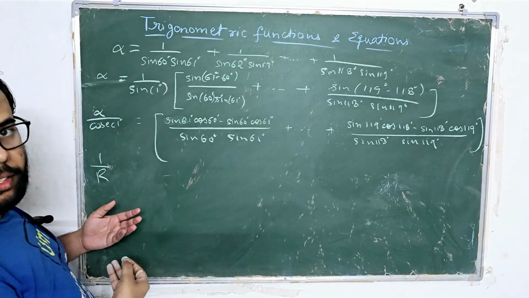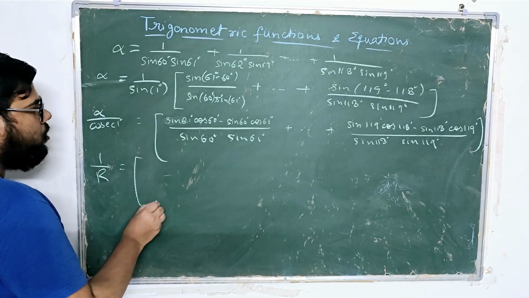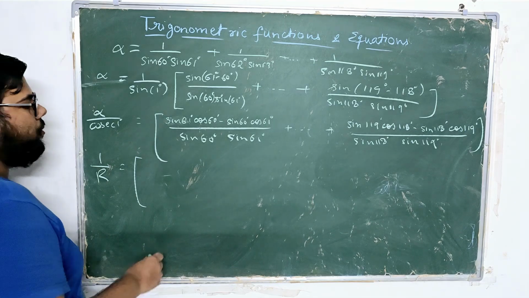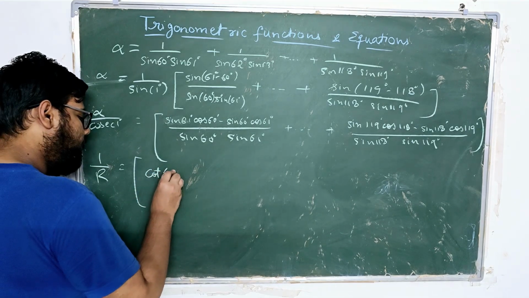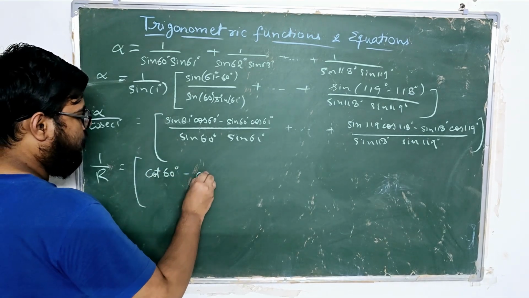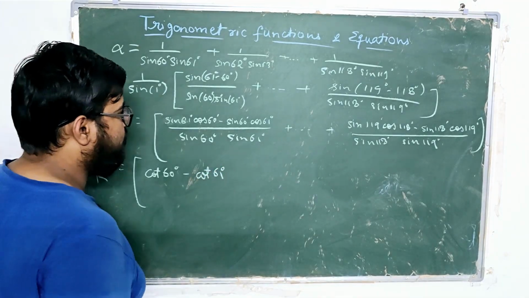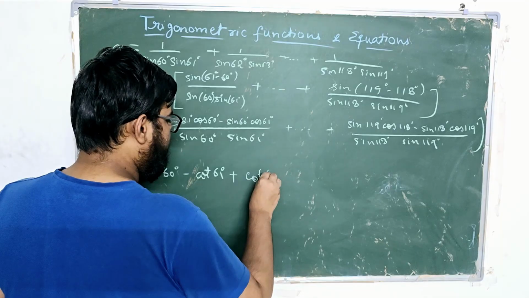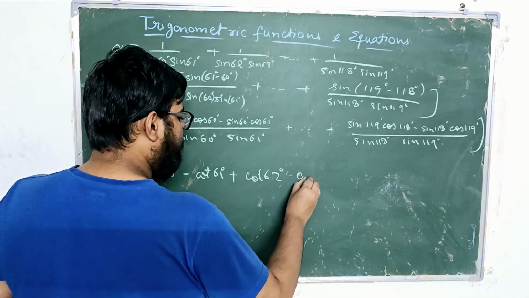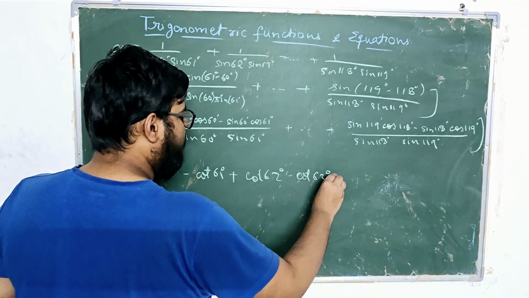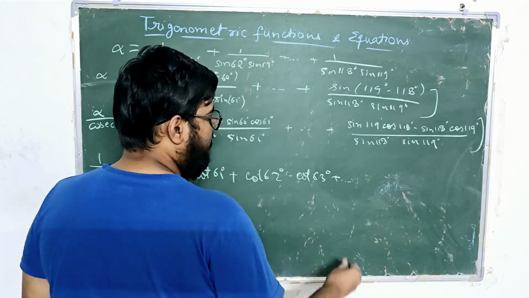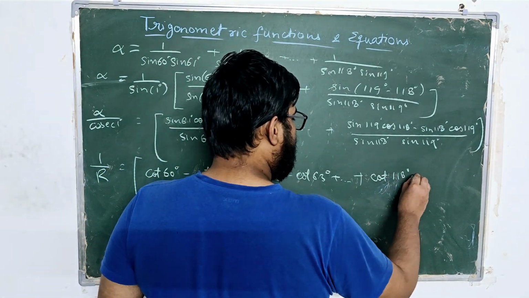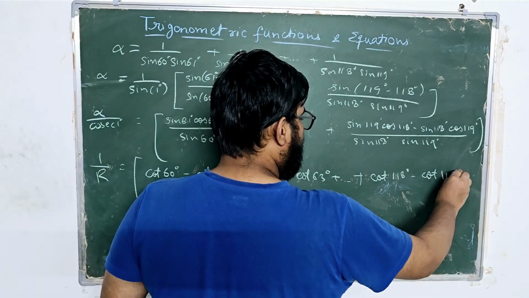Of course we have to square it furthermore. Okay. So you will get over here, what you will get? You will get cot of 60 degree minus cot of 61 degree plus cot of 62 degree minus cot of 63 degree and so on and so forth till cot of 118 degree minus cot of 119 degree.